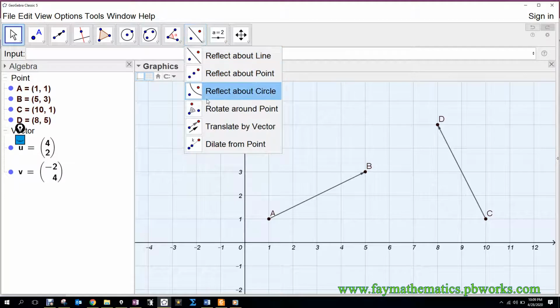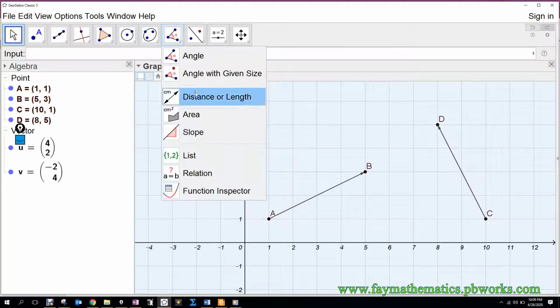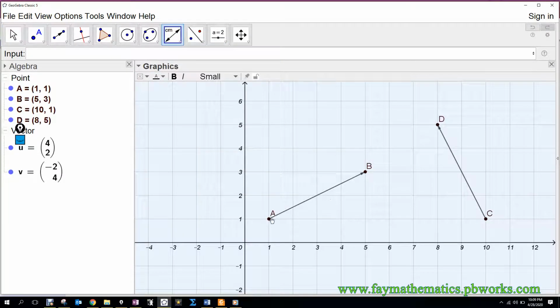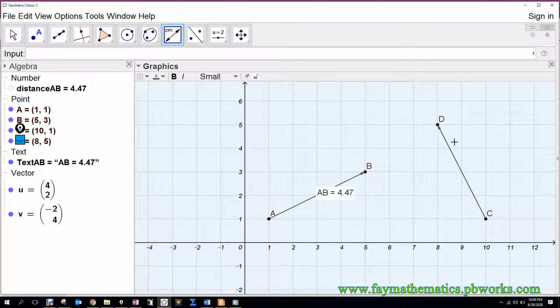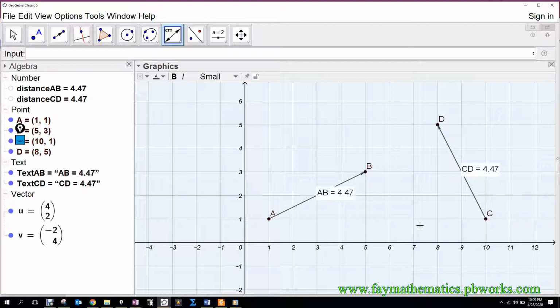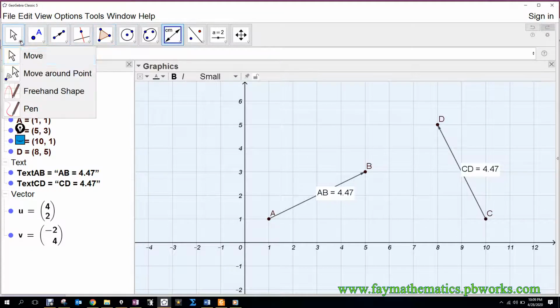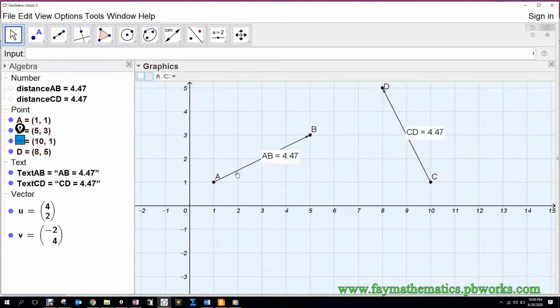If I ask for the distance of that vector from A to B, and this one C to D, they're both the same length, which you can see obviously that they're not both going in the same direction. The angle for this one, the theta, would be if I extend that and then find the angle right there.